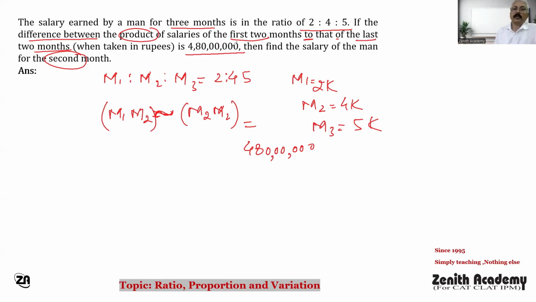The difference between the product of the salary of the first two and the last two. So here M1 into M2, 2K into 4K, 8K square. M2 into M3, 4K into 5K, 20K square.